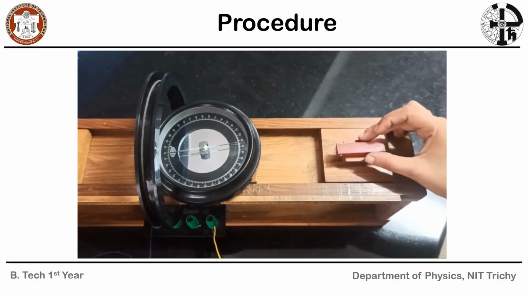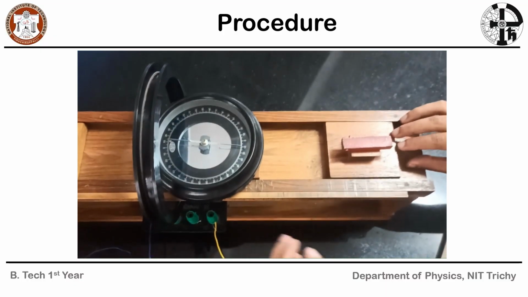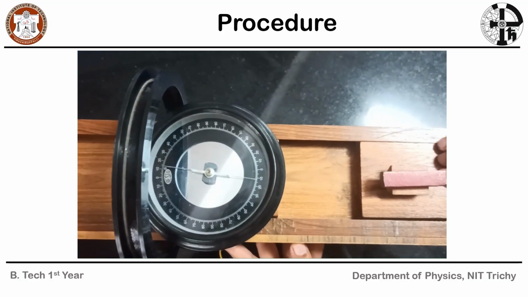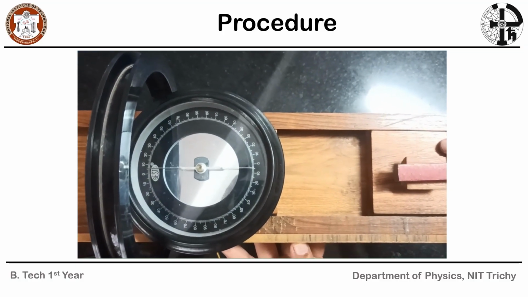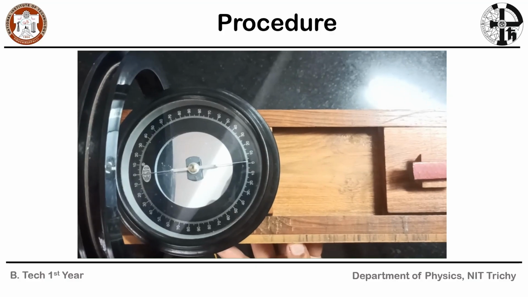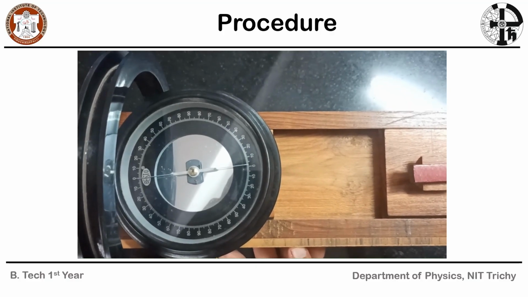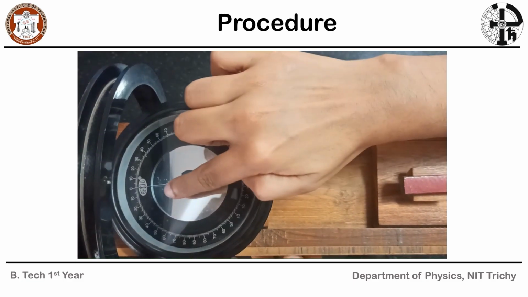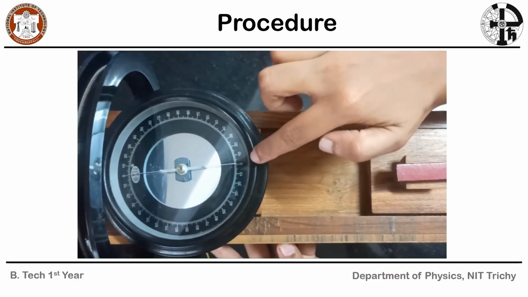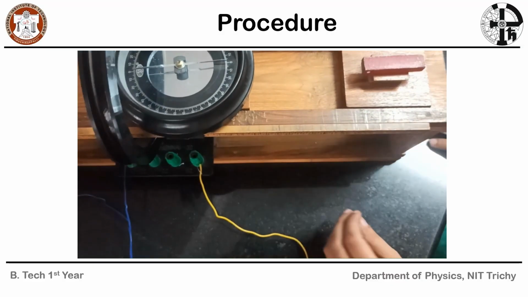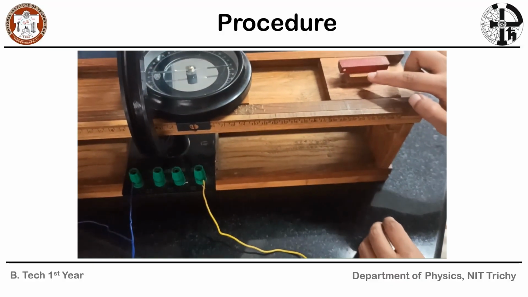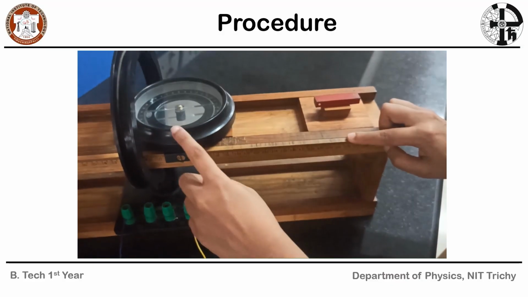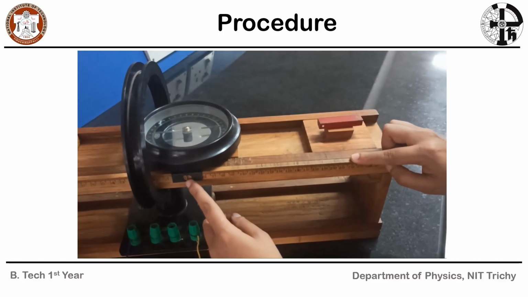Now, we will introduce a bar magnet and adjust its position so that we get 0 deflection. And measure the distance between x and the center of the bar magnet as d1.